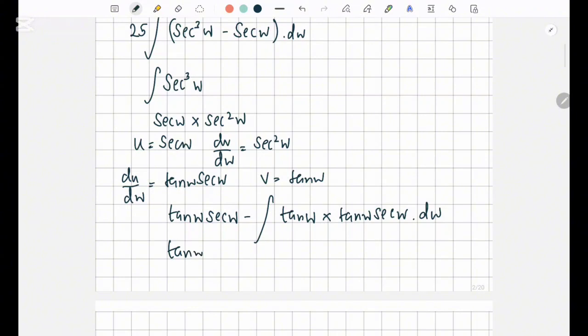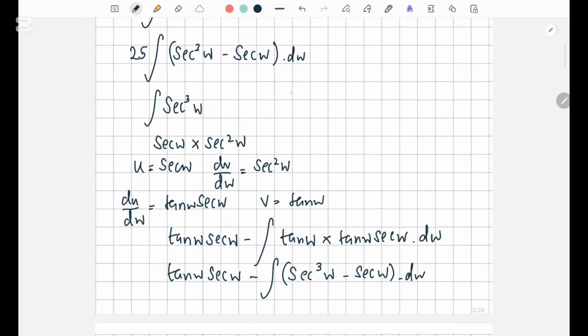So you can write tan w sec w minus, and the same thing over here, you can write sec cube w minus sec w, because previously we had sec w into tan squared w, so tan squared w I can write as sec squared w minus 1. So when you expand that, you get this. That's why I wrote it down like that straight away, because now you guys know it, right?